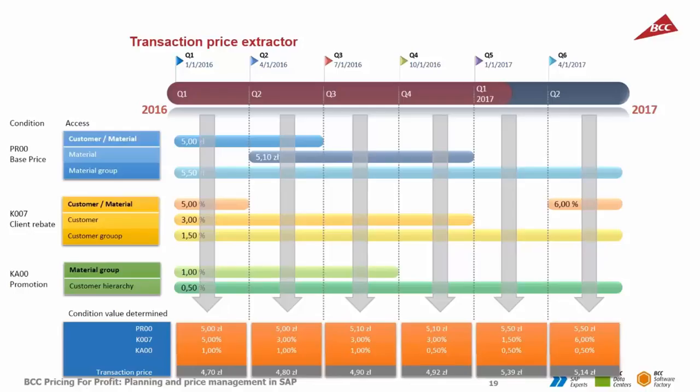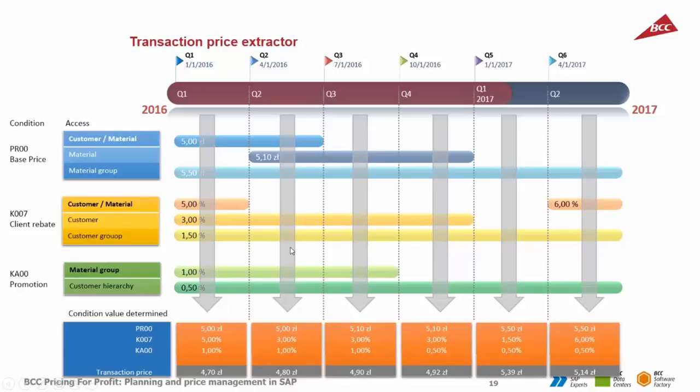Therefore, in our time frame, we have established the base price 5 zloty, customer discount 5%, and additional promotion discount condition 1%. And all these calculations result in the transaction price of 470.